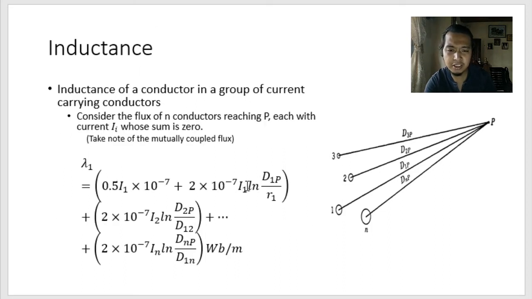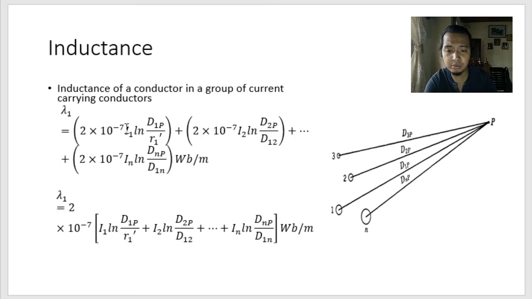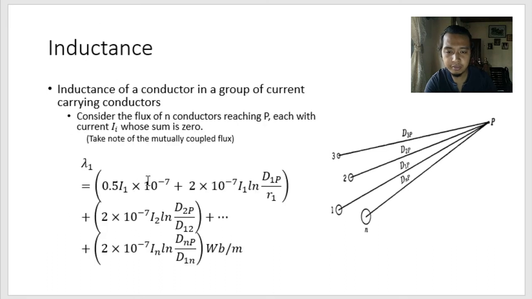You can combine these two because they both have I1. They have times 10 to the negative 7. Yeah, they have the same times 10 to the negative 7. These two can be represented as 4 over 2. So essentially what will happen here is you can take out this 2 times 10 to the negative 7. You can represent this 2 as 2 times 10 to the negative 7 divided by 4.